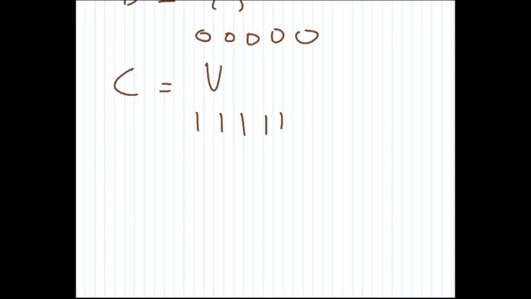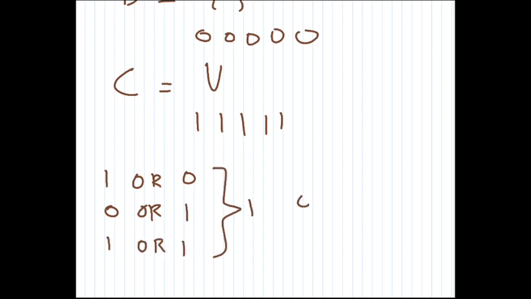Okay, now let's say we have a bitwise OR operation. What does bitwise OR operation mean? That 1 or 0, 0 or 1, 1 or 1, they give us 1, and 0 or 0 gives us 0.